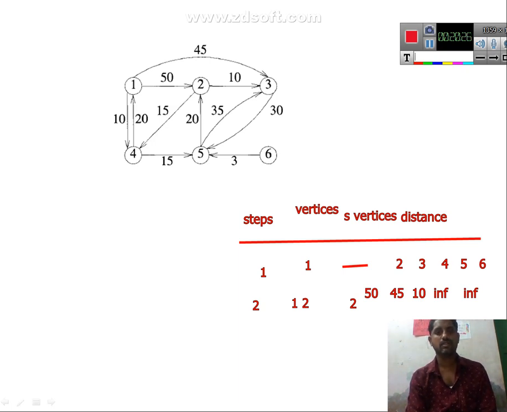So 1, 2, 3. 3 to 5, so they are equal to 60 and 90. 3 to 5 is 90. Okay. So likewise, we have to easily construct the minimum path, and we can assign the value of the particular critical circle, the single source shortest path.